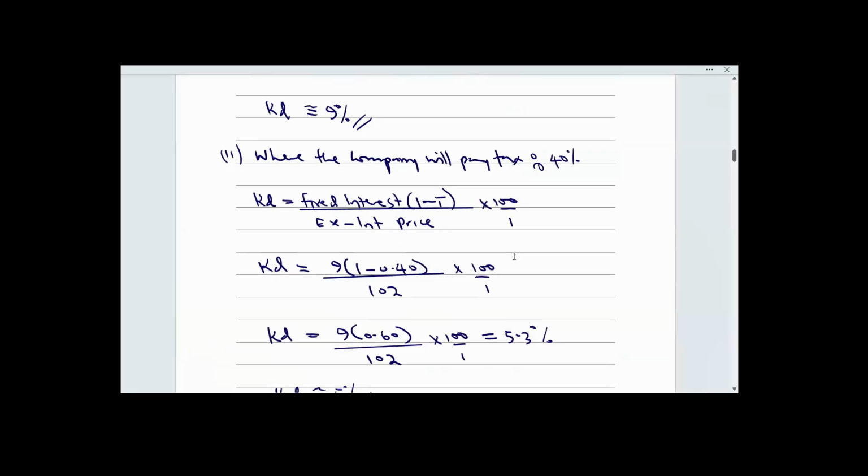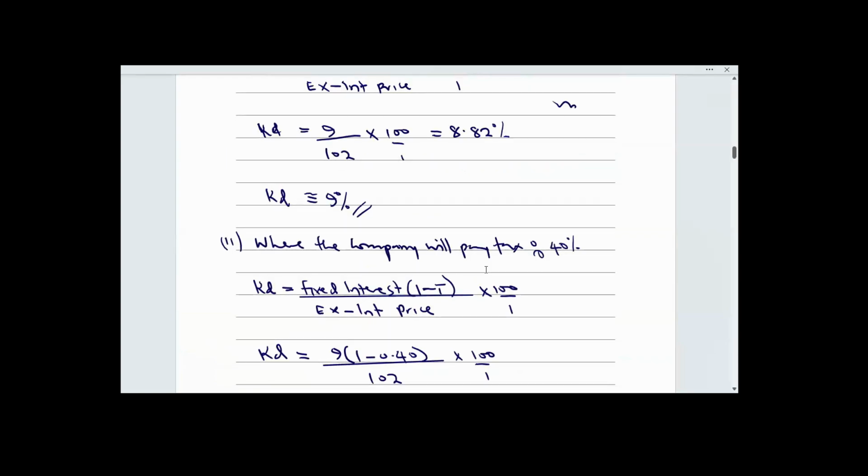Now, I mentioned to you earlier that debt has tax deductibility benefits. There's a tax relief associated with debt when a company finances with debt. So the company is supposed to pay a cheaper cost, or a lower cost, relative to when there is no tax. So in the first requirement, where there is no tax, the cost of irredeemable debenture was 9%.